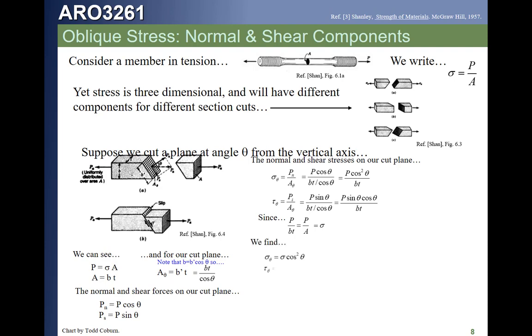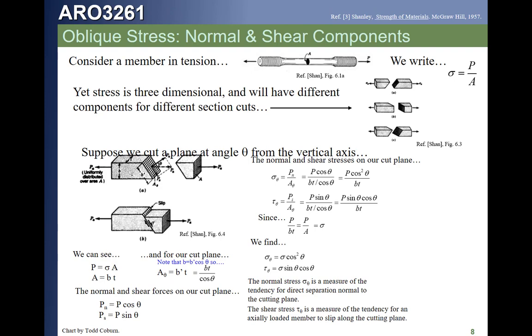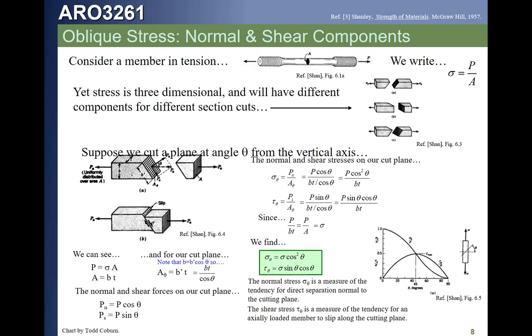And that gives us this form of the equations. Now this starts to look like hocus pocus when we look at the sigma on the theta plane and the tau on the theta plane. But really all it was is simple trig resolving our force into normal and parallel components and our area into the proper rotated values.